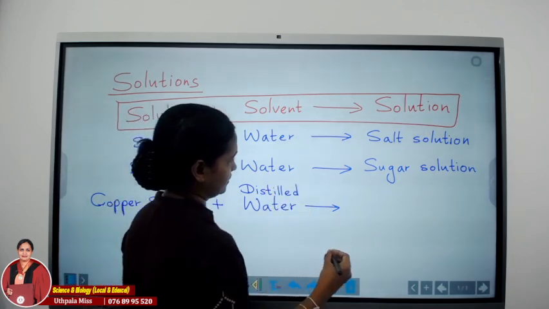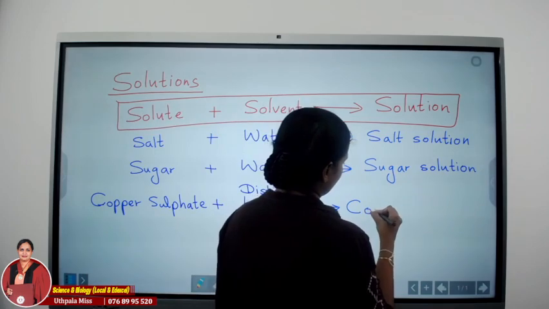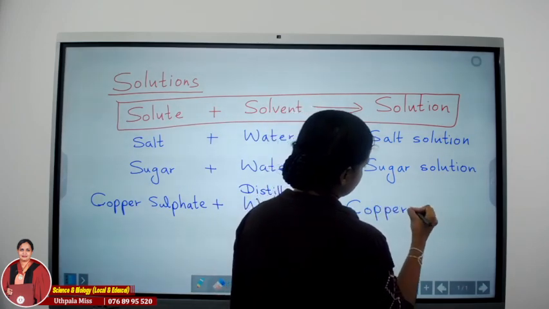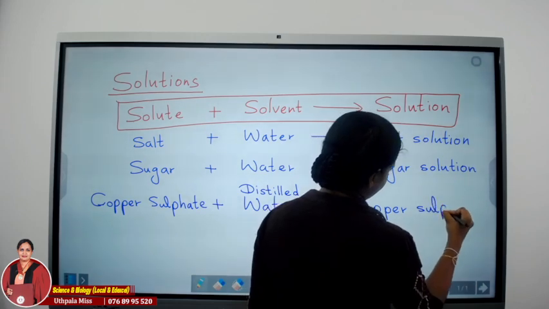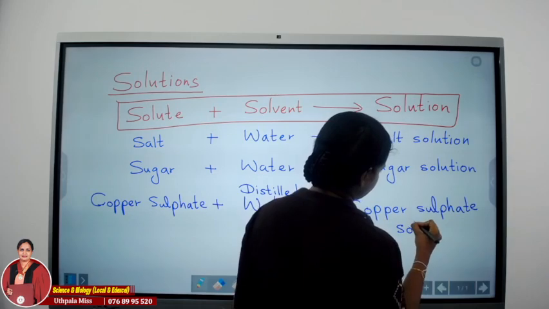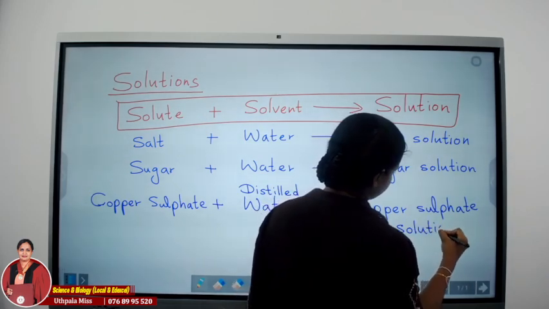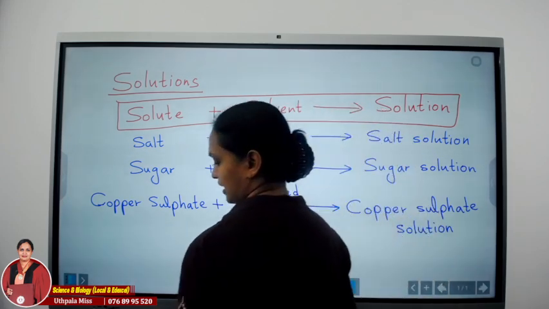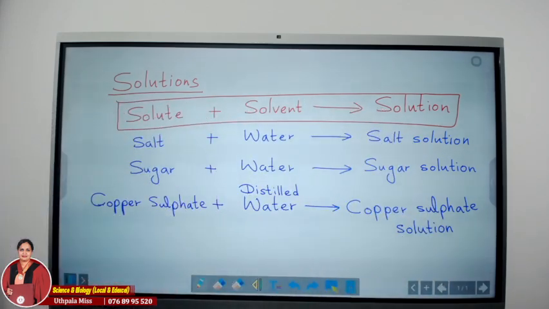So we obtain a copper sulfate solution. Okay, you can take down the examples.